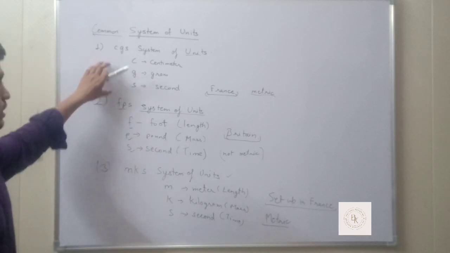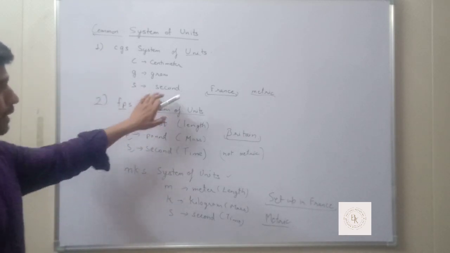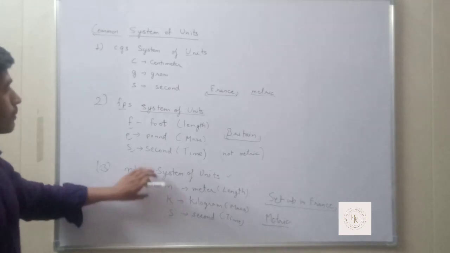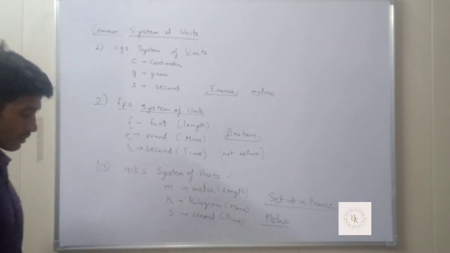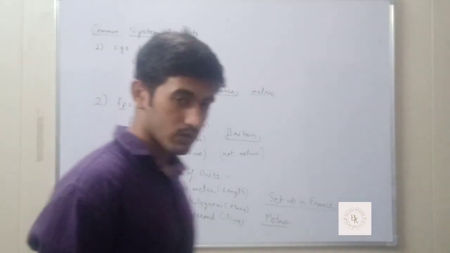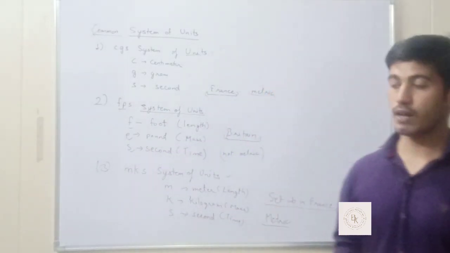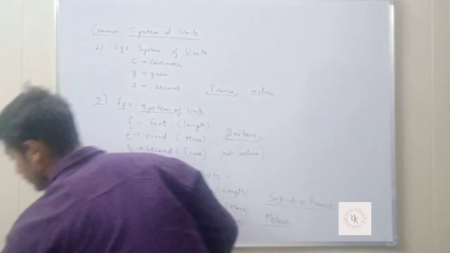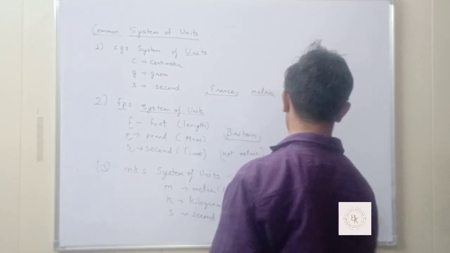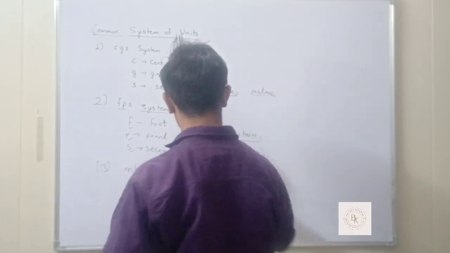CGS and MKS are metric based systems of units, but FPS is a non-metric based system of units. So shall we proceed to the next part of our video tutorial? Let's begin the next part.